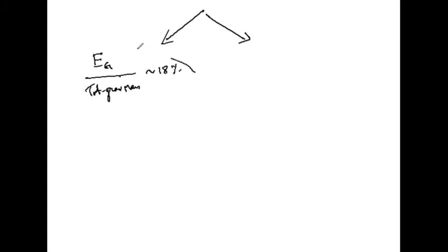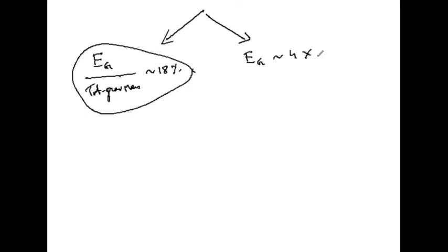This was the first observation. And then the second observation: when we were calculating this Eg, we found the Eg to be around 4 into 10 to the power 59 MeV. But remember that the total number of baryons is around 2 into 10 to the power 57.